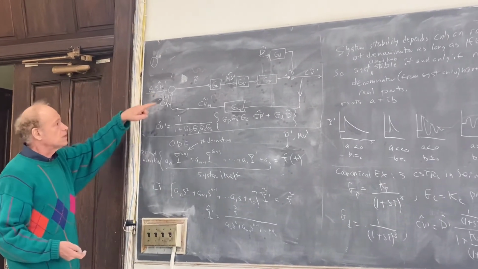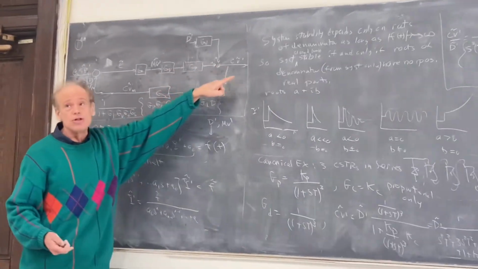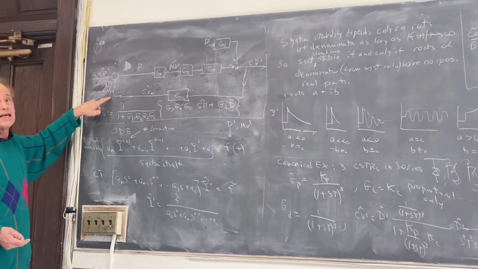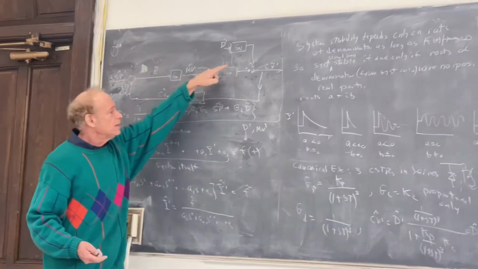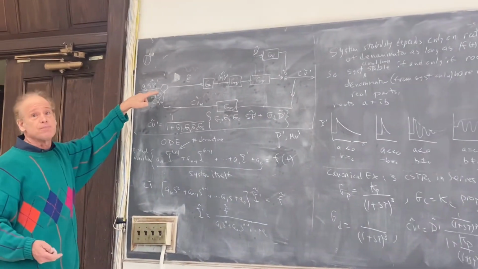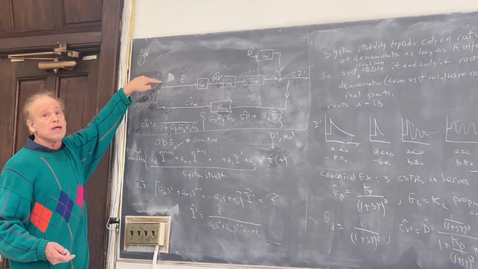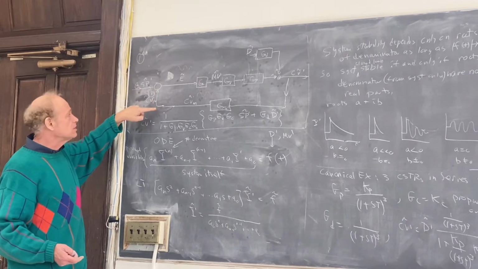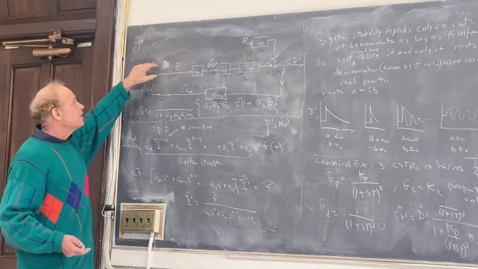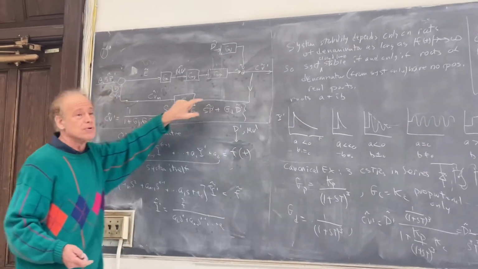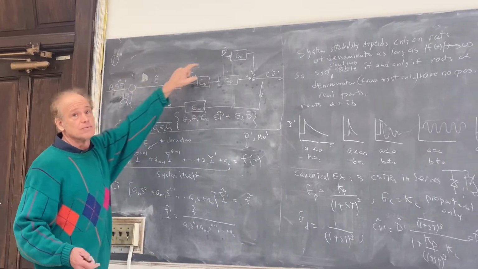That means when I go around the loop, this gets multiplied by the amplitude ratio, and it gets put in as a positive quantity here, because it was 180 degrees out of phase, now it's in phase. And every time through the loop, it gets multiplied by another amplitude ratio.